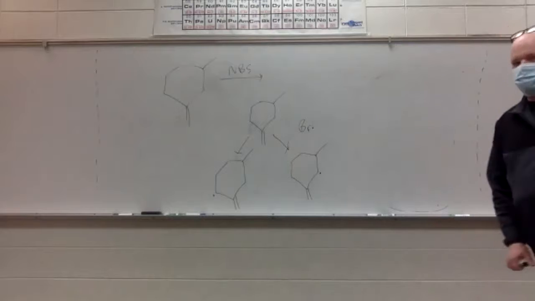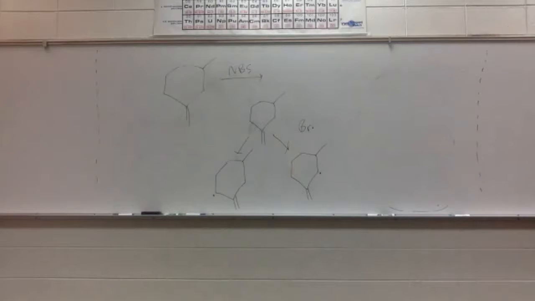And those would be the respective radicals that you would make. All right, so you got the possibilities. Now you have to ask yourself, all right, is either one of these favored over the other one? Are they about the same in stability?